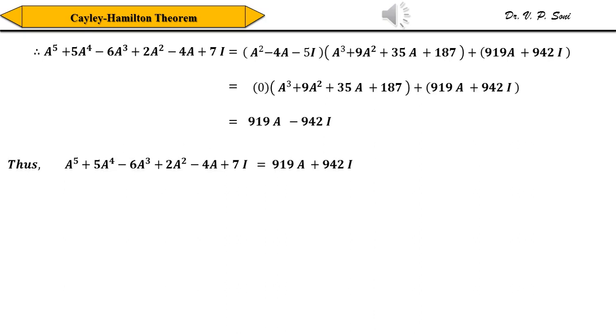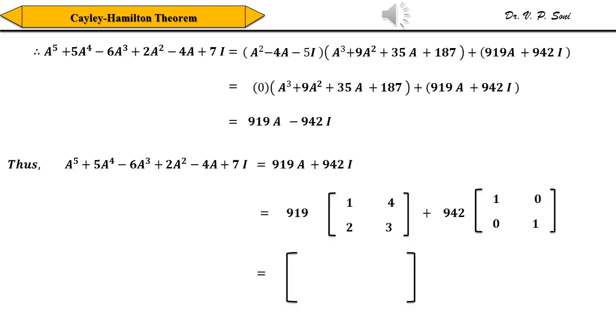Now put the matrix A and identity matrix and add them, then we get the matrix whose first row is 1861, 3676, second row 1838, 3699.